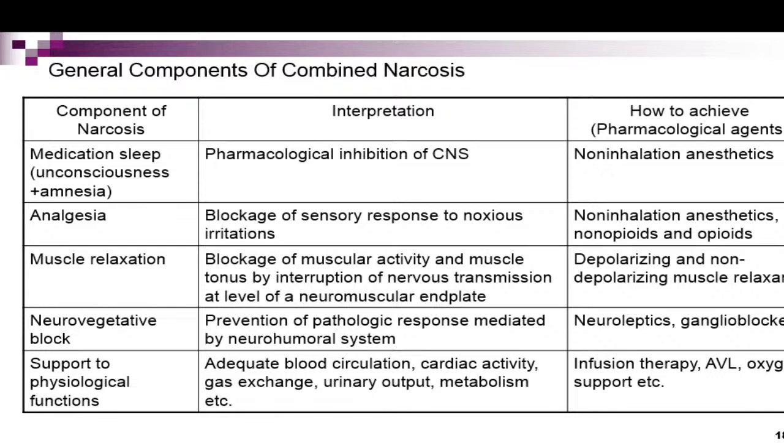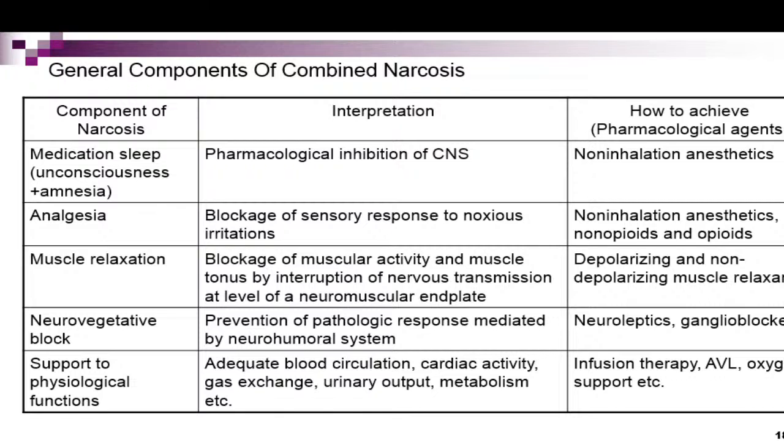Medication sleep: unconsciousness state plus amnesia. We should use non-inhalation anesthetics. They suppress consciousness very well, but do not produce good anesthesia or muscle relaxation. We can use them for suppression of mental activity only.